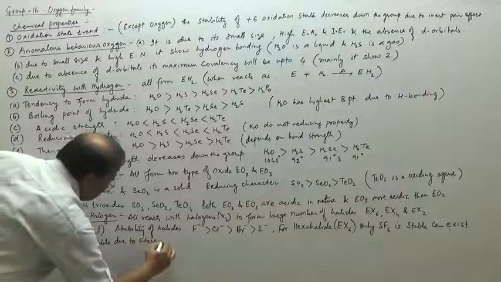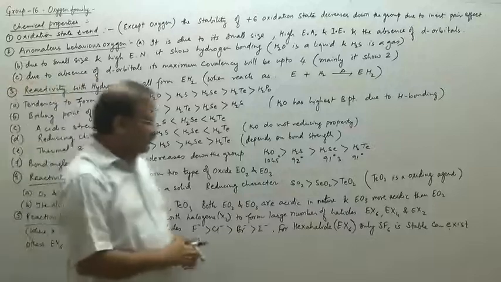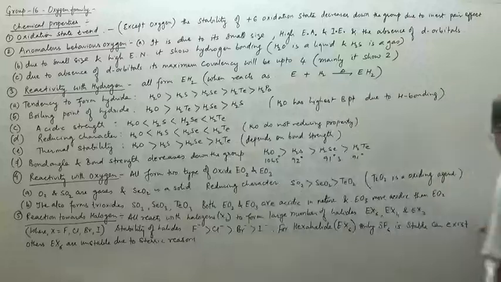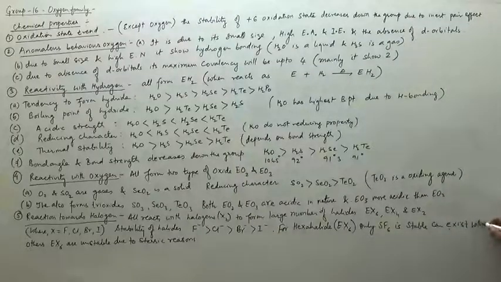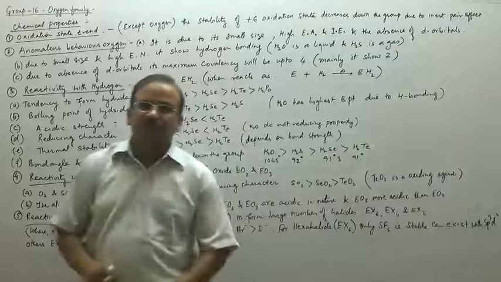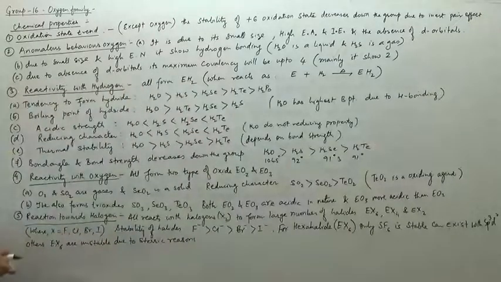SF6 can exist with an octahedral shape, and here it exists with sp3d2 hybridization. If the hybridization is sp3d2, we know the structure of SF6 is octahedral. All others are unstable because of the steric effects, so they are not going to exist like that.